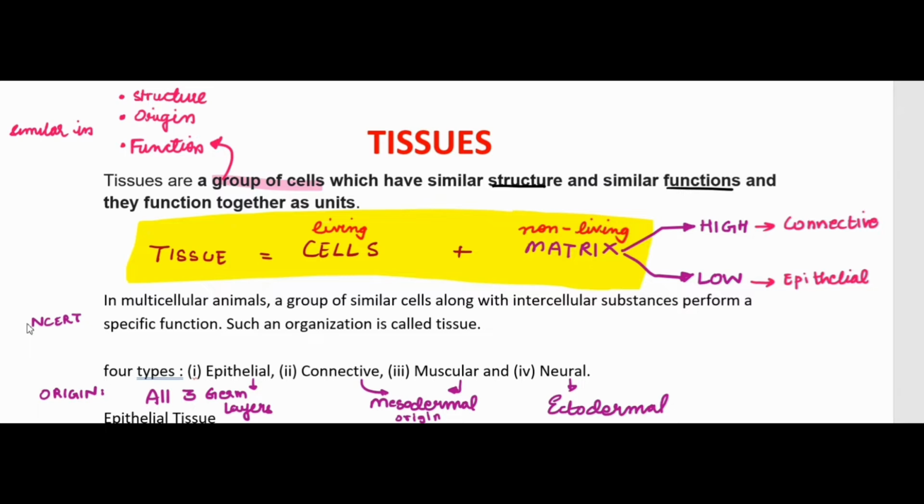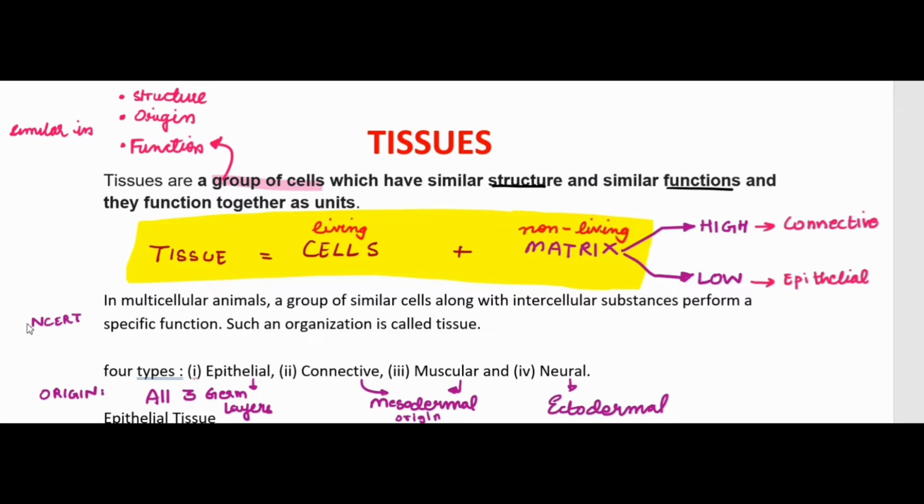So for those who didn't understand what these germ layers are all about, first I would like to explain that there is a process called gastrulation. This you will learn in the chapter Human Reproduction in class 12. Gastrulation is nothing but the process where the implanted blastula forms three germ layers, which are the outer ectoderm, middle mesoderm and inner endoderm.